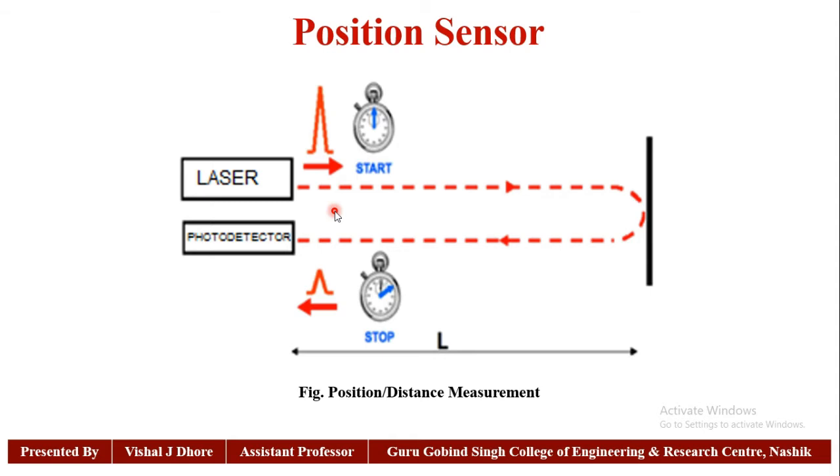We also calculate the position of the object this way. So the duration between the transmitted and received pulse is used to determine the distance or position of the object.